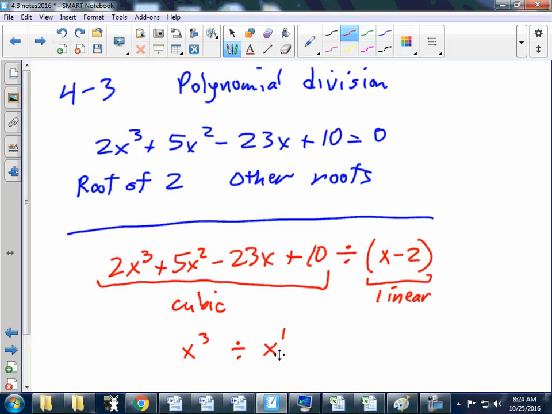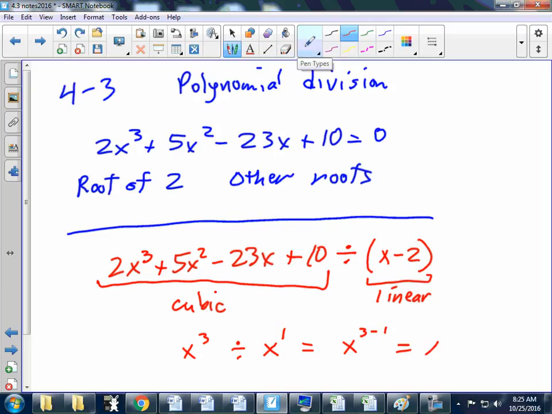If you have the same base with different exponents, what do you do? Subtract. So this would be x to the 3 minus 1, equals x squared. Gosh, I had 2 on the brain.